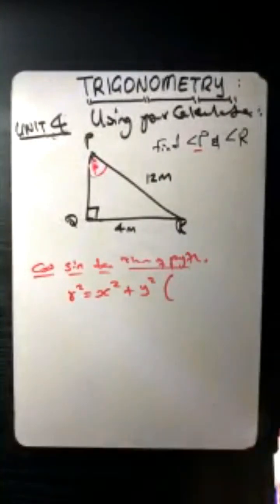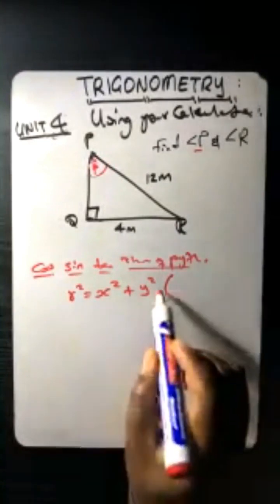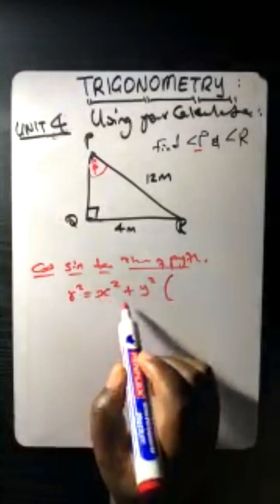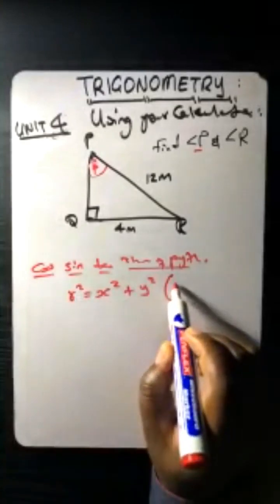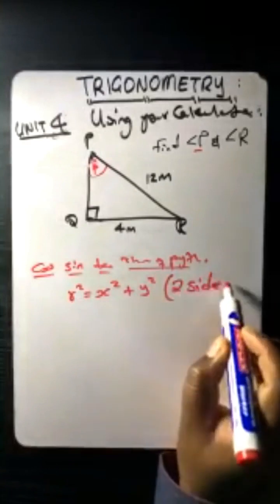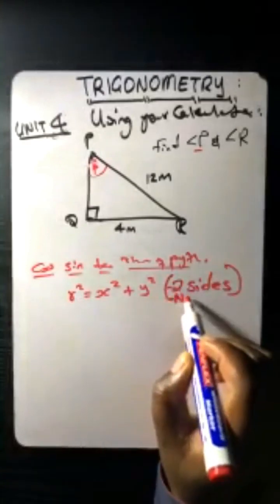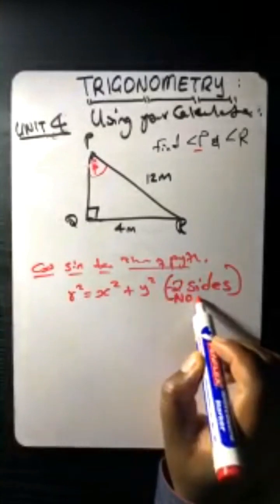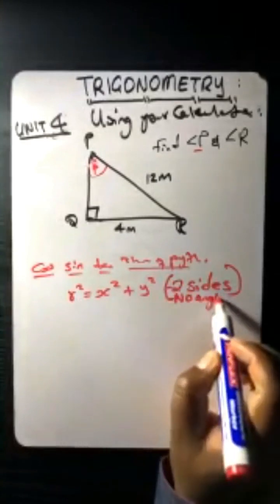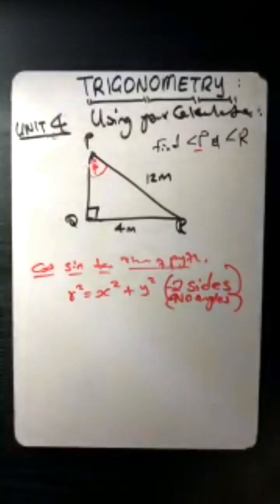As part of your notes, Matapelo, just say we use the theorem of Pythagoras only if we know 2 sides, and then you can also say 2 sides, no angles involved. I'm not sure, Matapelo, if you understand what I'm trying to explain there.